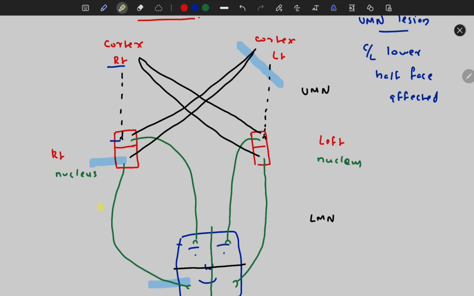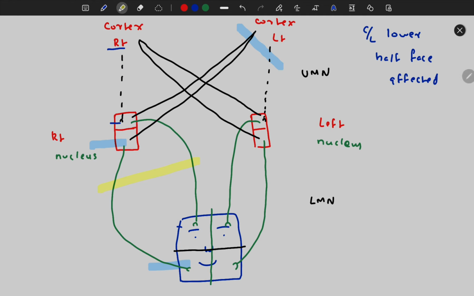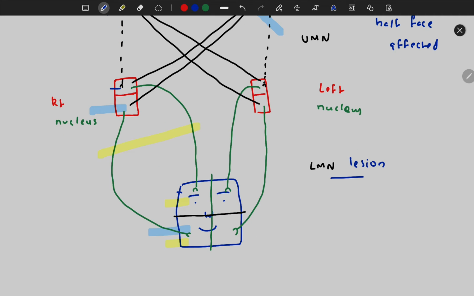So if there is an LMN type of lesion, both the upper and the lower part of the face of the same side is affected. So in LMN lesions, the ipsilateral entire half is affected.